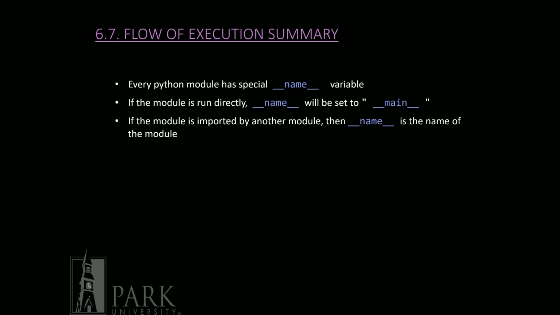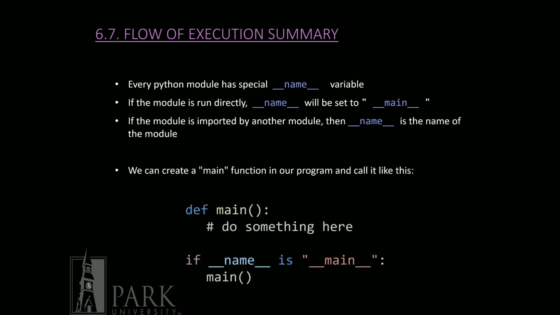So we can create a main function in our program and call it like this. What this is basically telling you is that we have a main function declared here. We are defining main, and we're doing something. And then inside of the module, we have this bit of code that says, if name is, quote, main, the dunder name main, then execute the main function.